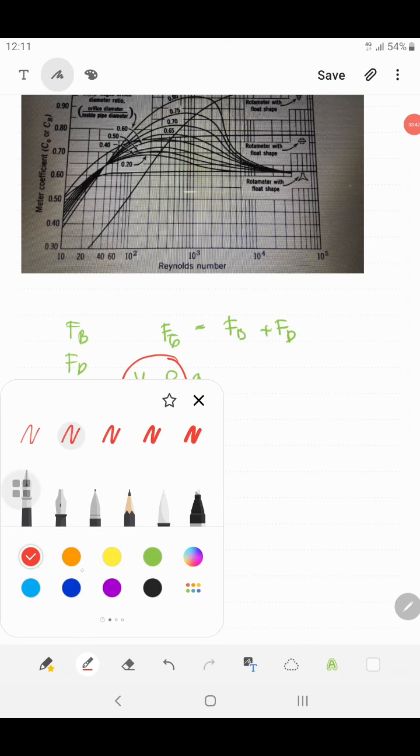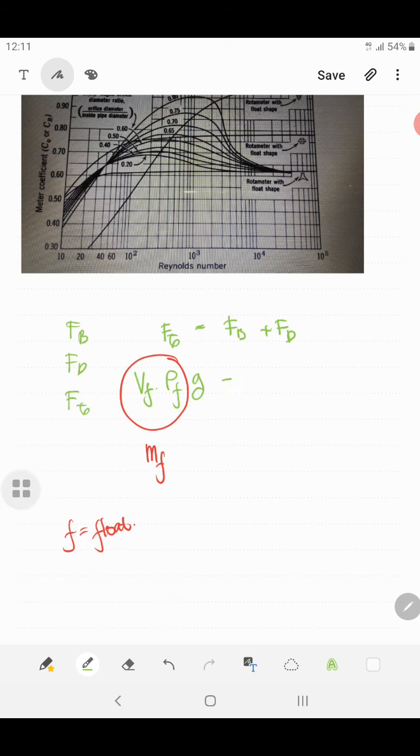And then the buoyancy force is almost equal to the gravity force, but the density used here is the density of the fluid.